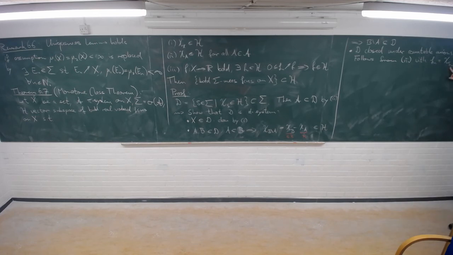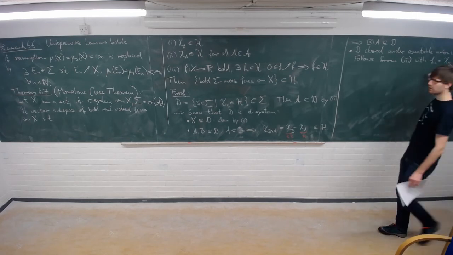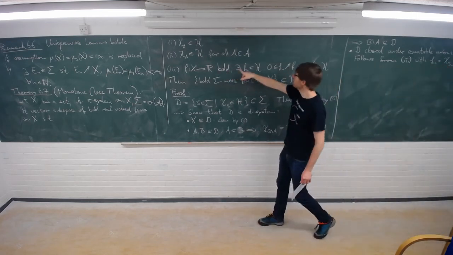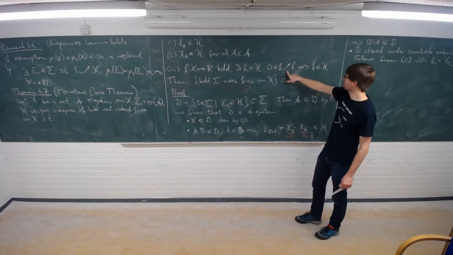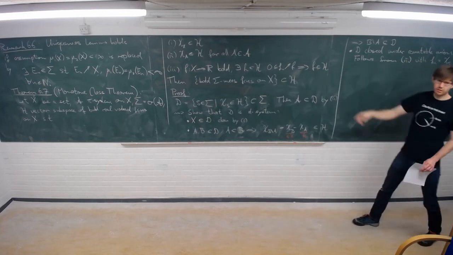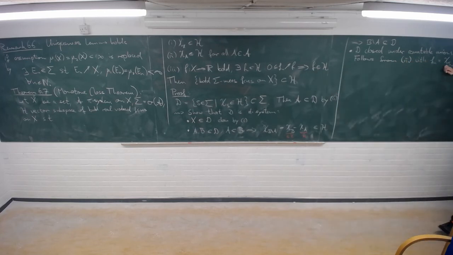Right, if we have an increasing sequence S_n of elements in D, then we can put F_n equal to the characteristic function of these S_n. And then 3 tells us that this sequence converges to an element of H. But the limit of this sequence is the characteristic function of the union of all the S_n.